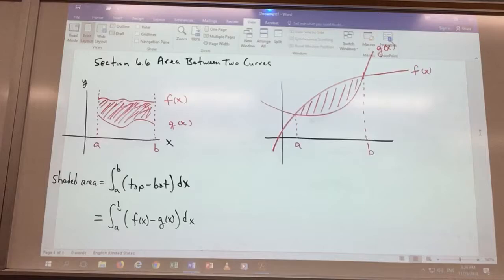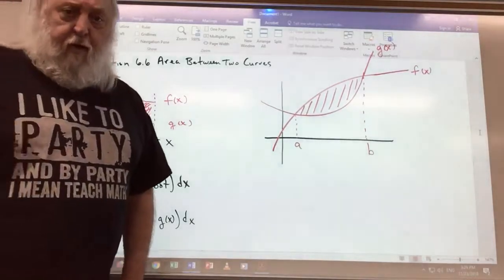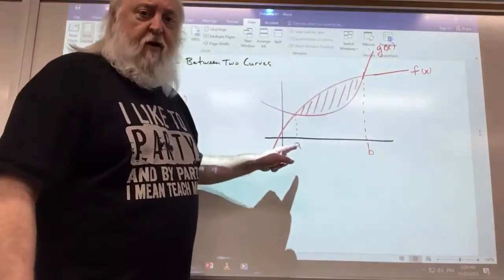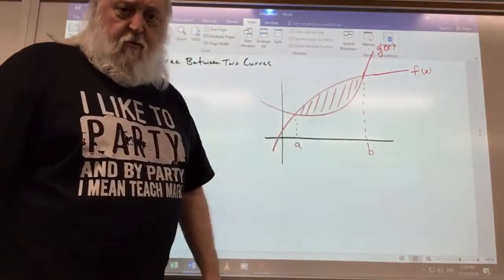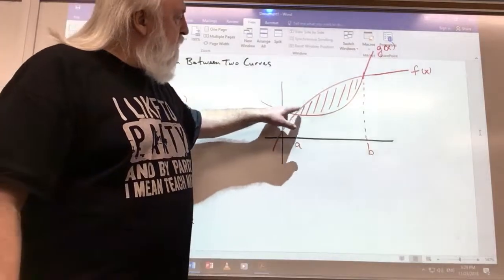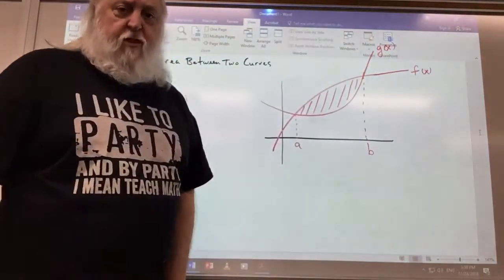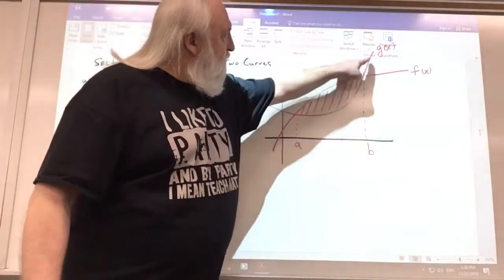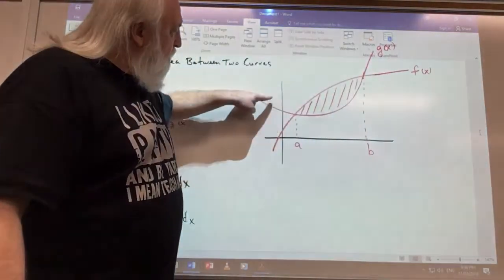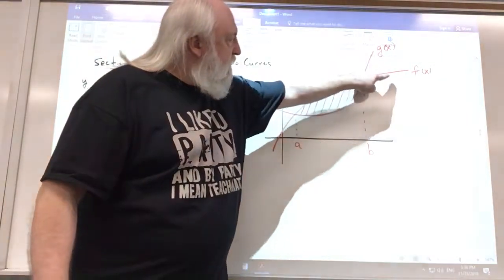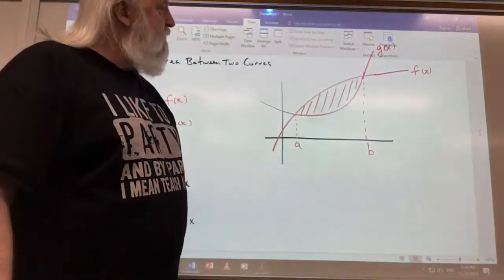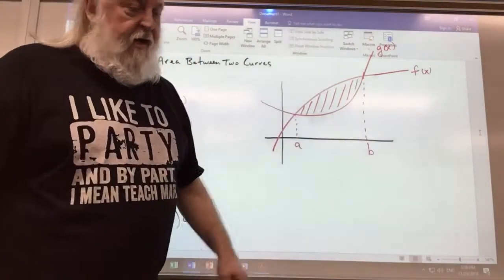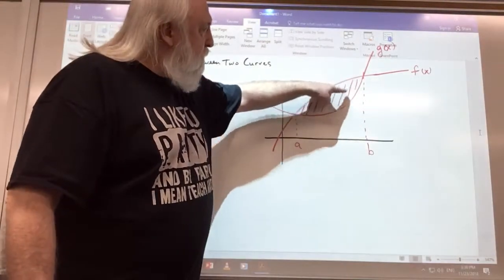Now, in most of the examples we're going to work, the two functions are going to cross each other in two locations, and we're interested in the area sandwiched between the two functions. Here the bottom curve is the function g of x, and the top curve is the function f of x. We're interested in the size of the shaded area sandwiched between those two functions.